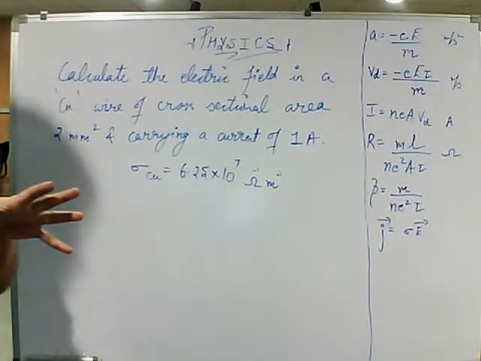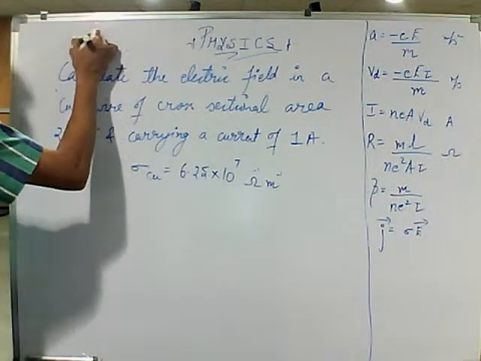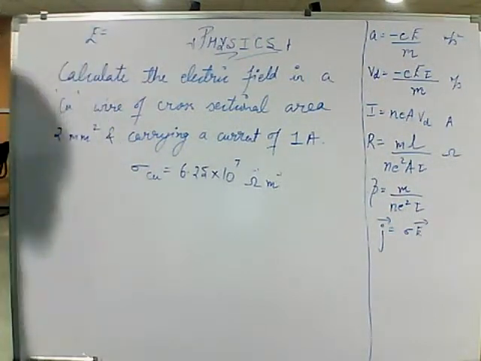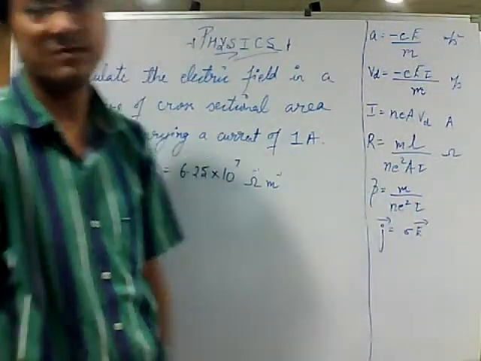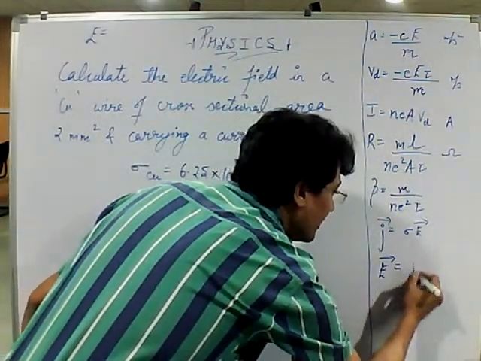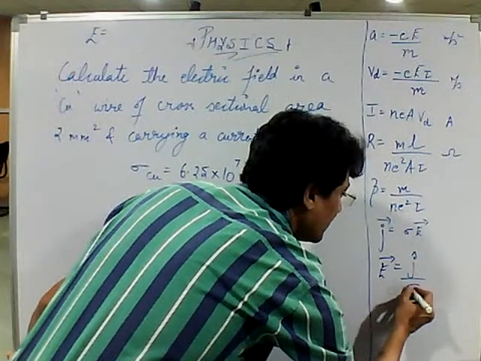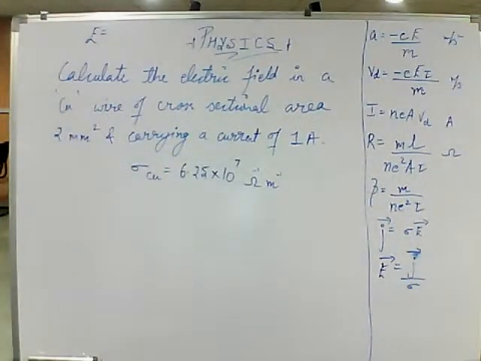So we need to find the expression for E. And we know the expression for E as J divided by sigma. From here I can also write electric field E as J divided by sigma. Fine. So we need to find out J.